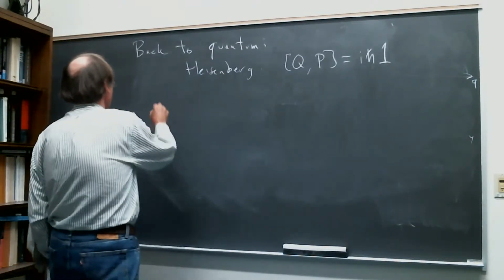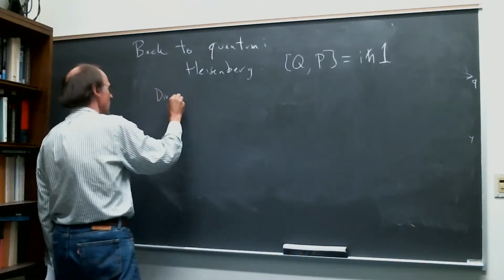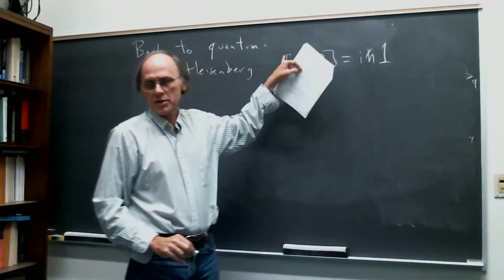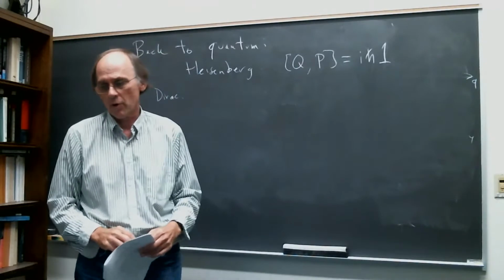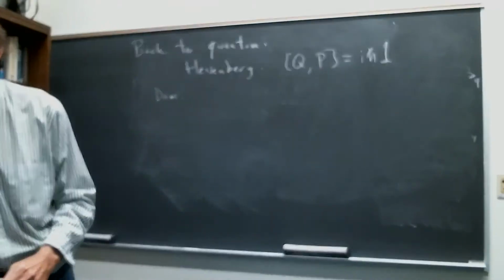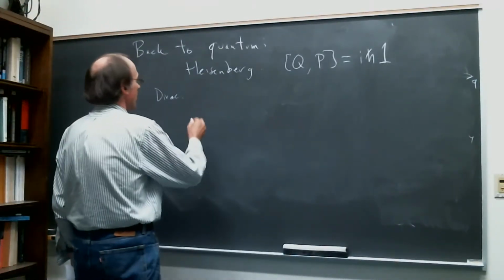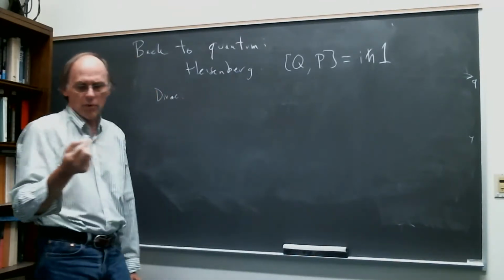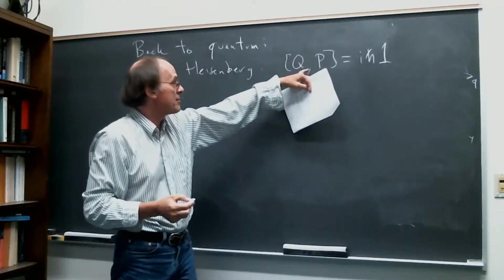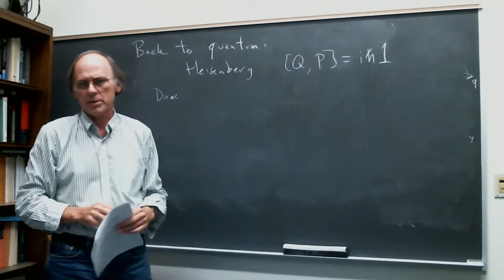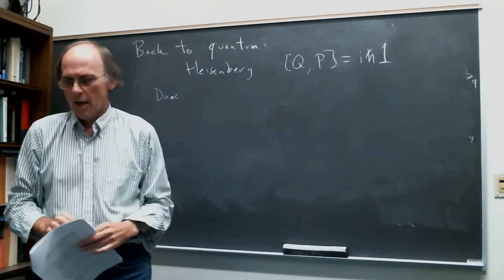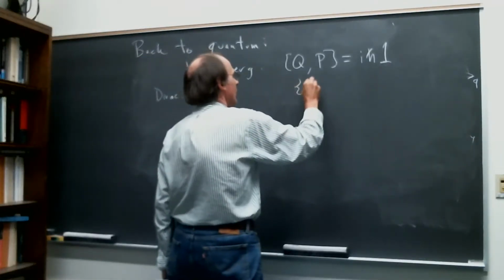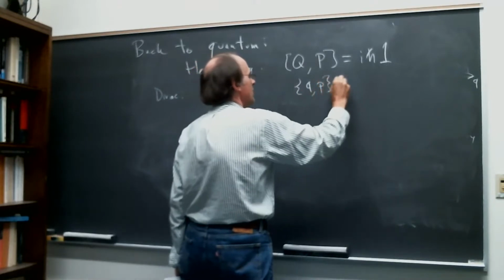And Dirac, looking at these calculations, very quickly realized that this reminded him very much of what he had learned about the Poisson bracket, that Q and P is equal to 1.